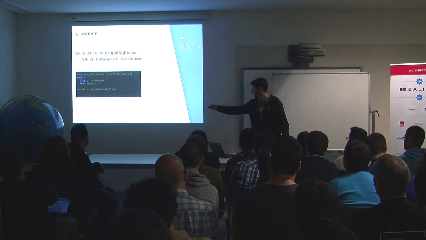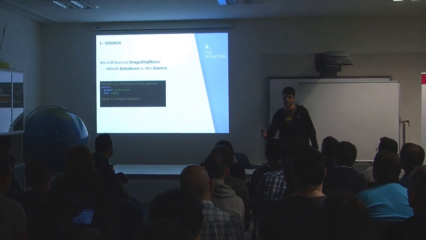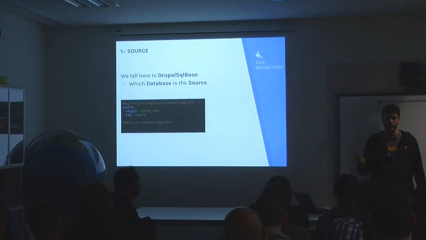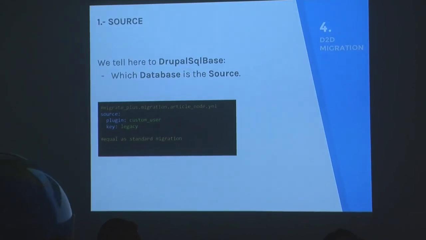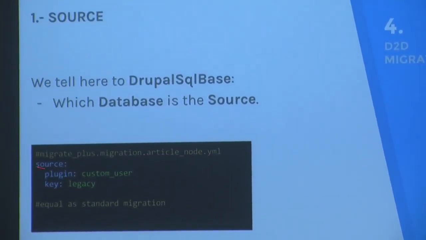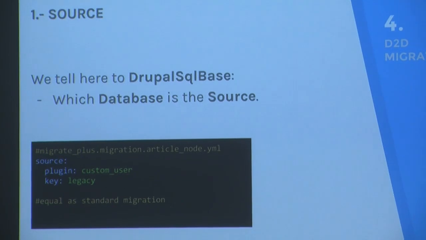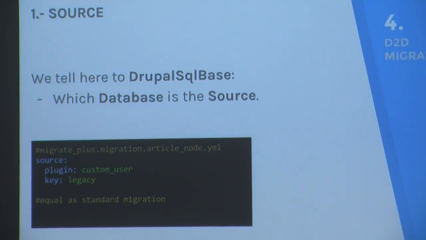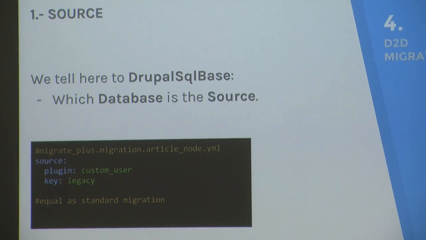Here, migrate underscore plus. This is new in Drupal 8.1. In Drupal 8.0, you only have to put migrate.migration.article. In this new one, you have to put migrate underscore plus. Why?